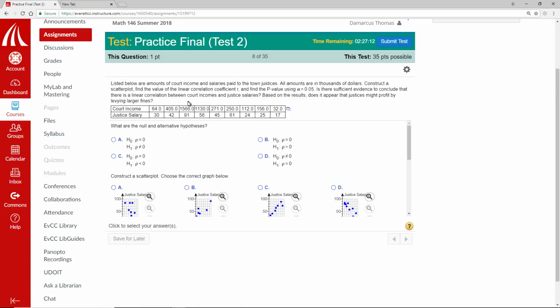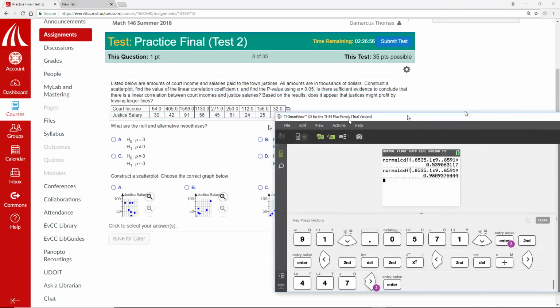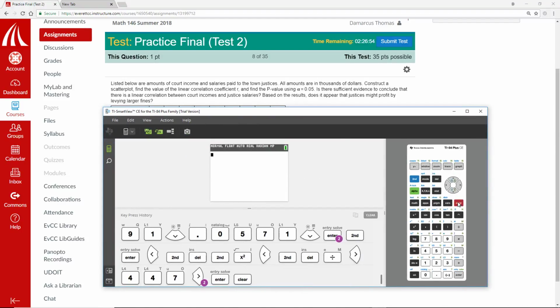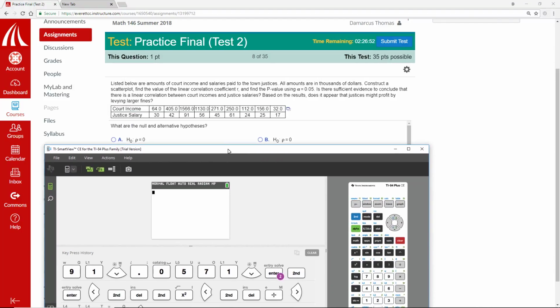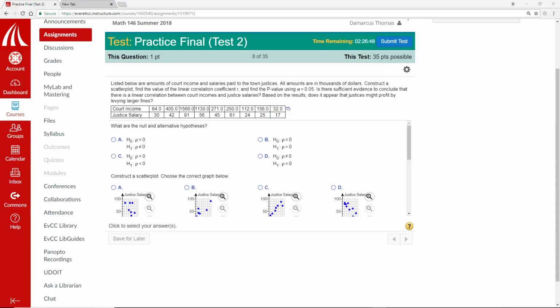Okay, so we have this problem here, and what we're going to do is put in L1 and L2. We're just going to manually enter these into our lists. Court income will be list 1, justice salary will be list 2.